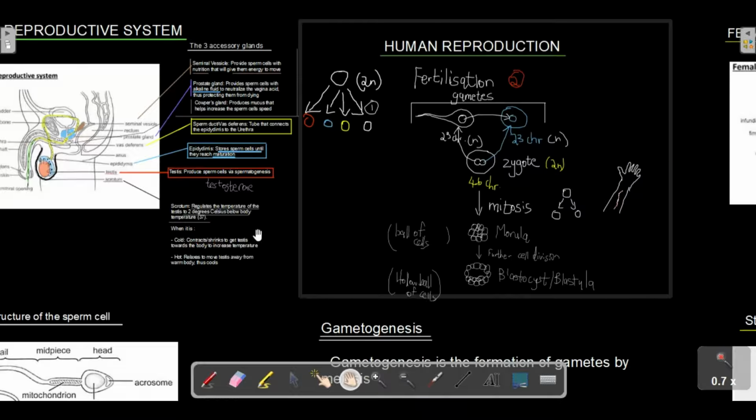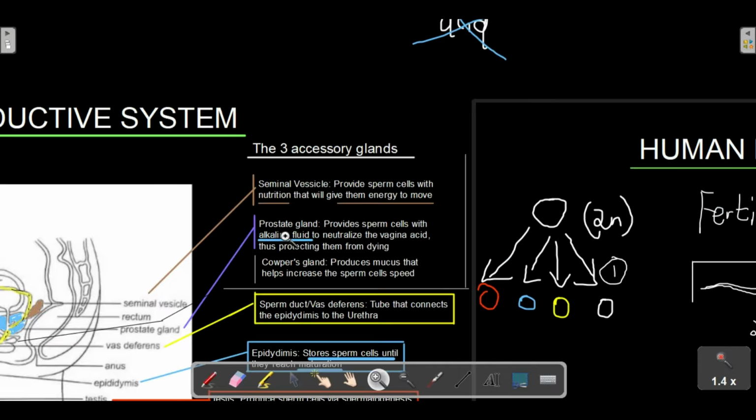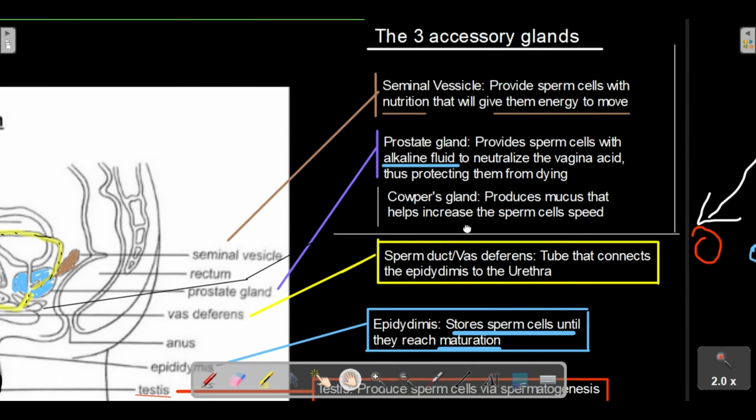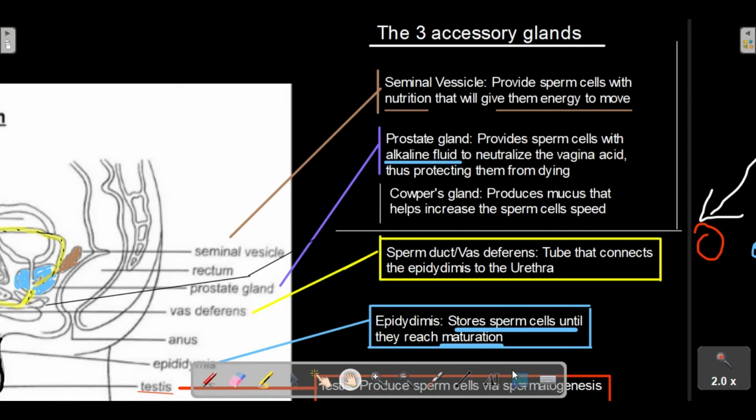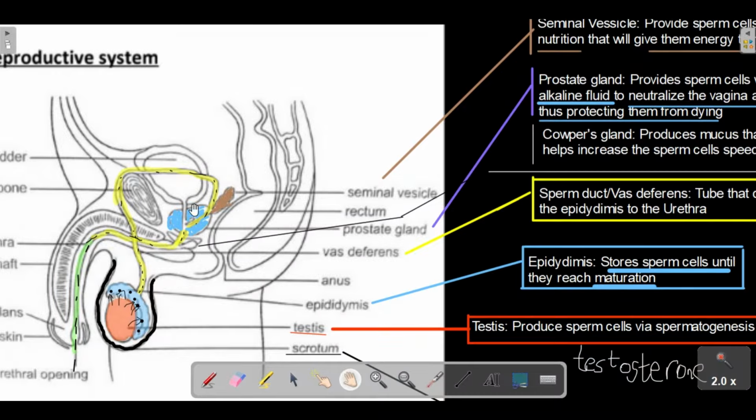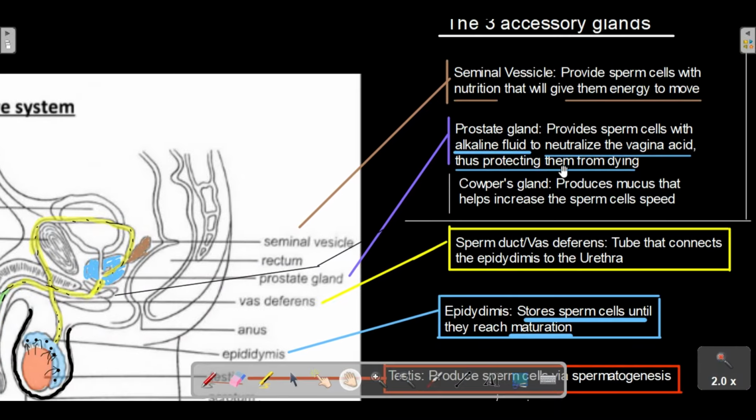So that is the function of the prostate gland, really: to provide an alkaline fluid such that it can neutralize the vaginal acid, thus protecting the sperm cells from dying and allowing them to do their job. Okay, so that is the second accessory gland, the prostate gland, guys.